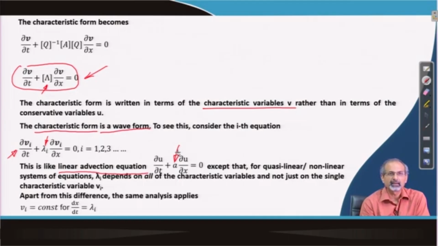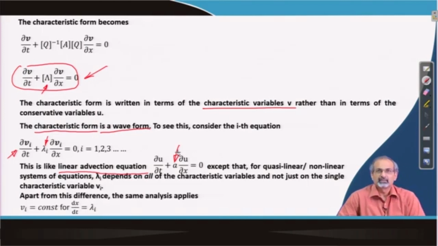So, lambda 1, lambda 2, lambda 3 may have different values. In the linear advection equation, because it was only one equation, a scalar conservation law, we had only one speed. Here we will have multiple speeds coming from the multiple lambdas, but in principle the different components can be individually represented like the linear advection equation. So, that gives it a very clear wave form.